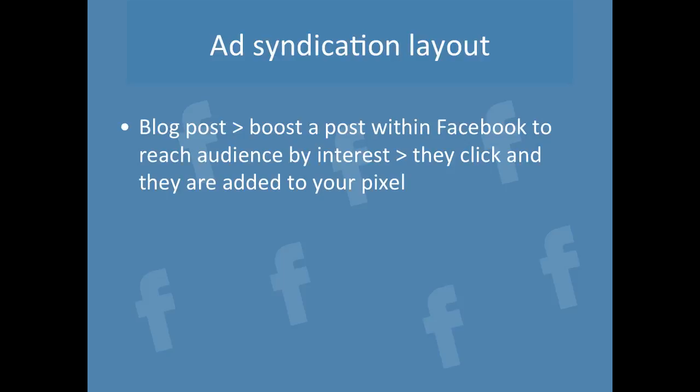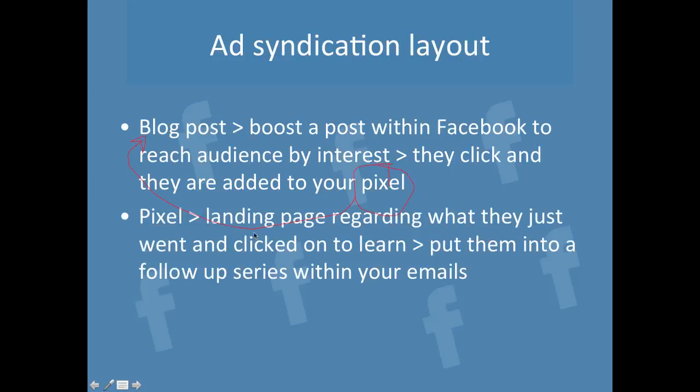Alright, so again on the blog post, this pixel right here is going to link up with your blog post. You need to make sure the pixel is up with your blog post because then this happens.